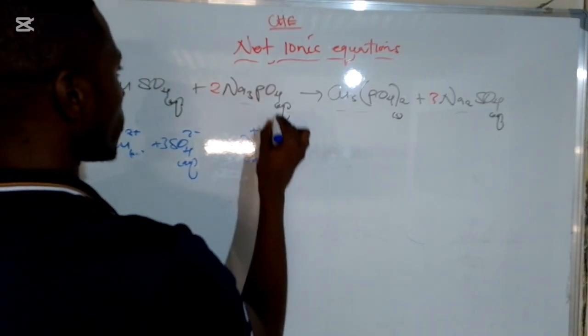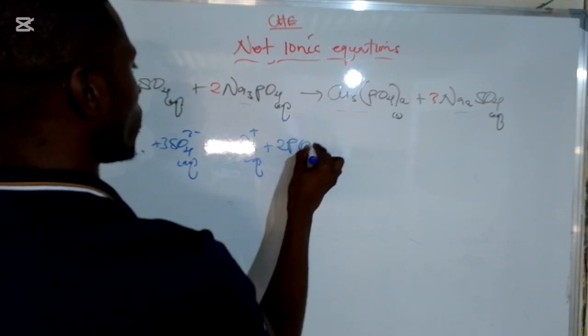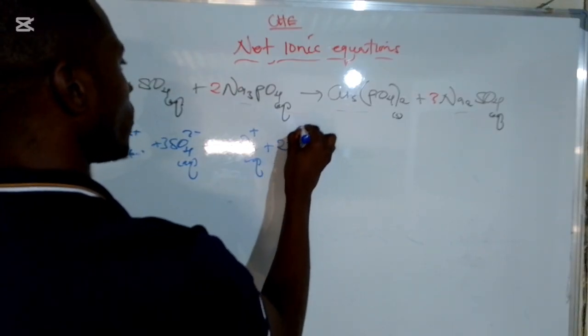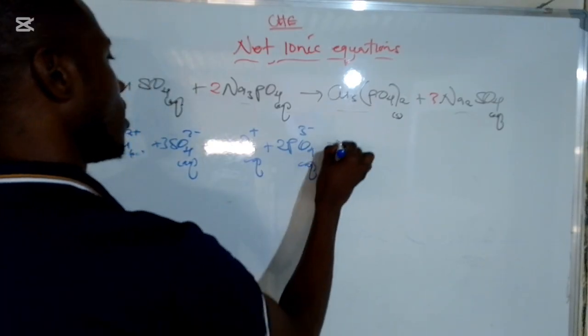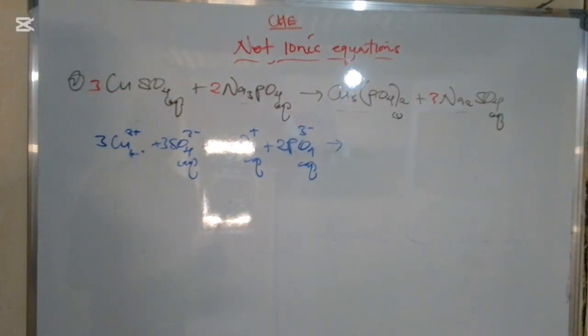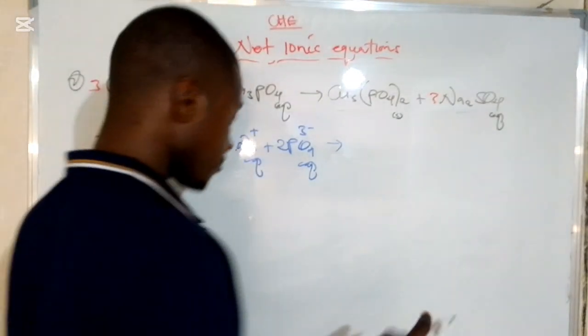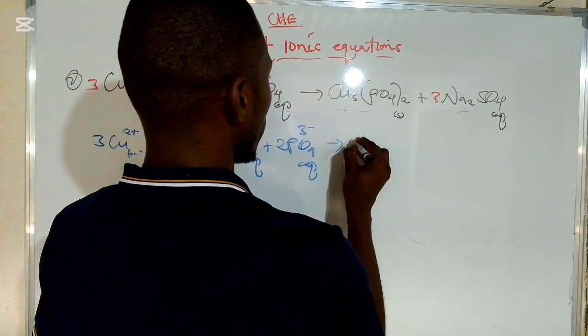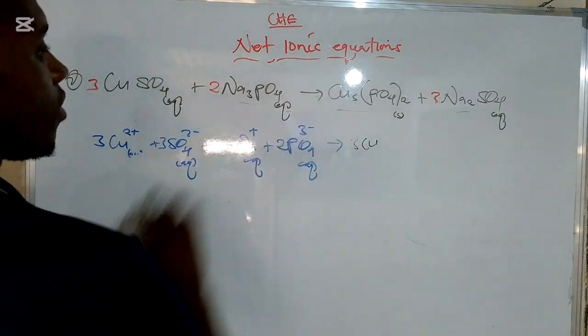Then plus 2 phosphate, the valence of 3 minus, aqueous. So I'll split this side. Then 3 copper. So this number must come in front.